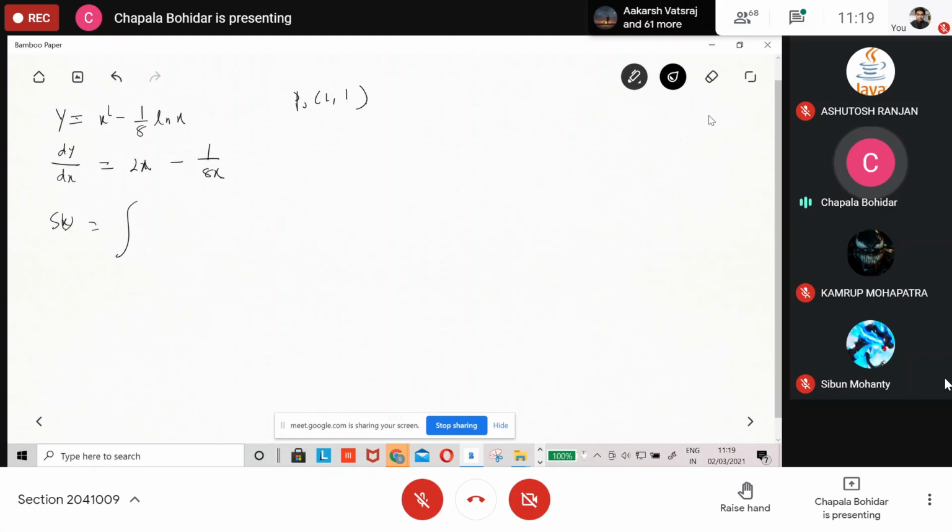So I'm taking S(x) is equal to the integral from the starting point 1 to x of root over of 1 plus 2t minus 1 by 8t whole square dt. I can write it down like this.